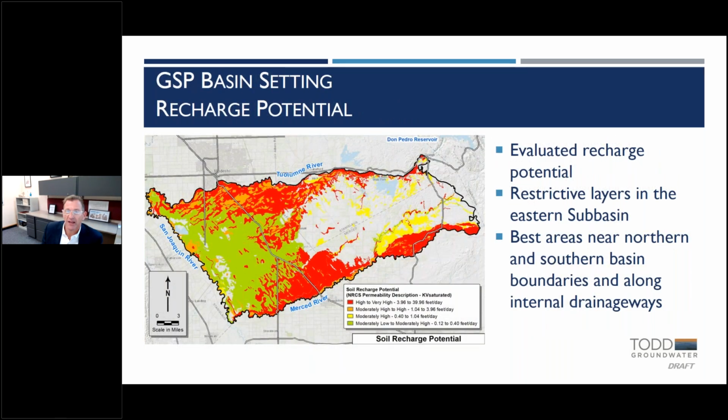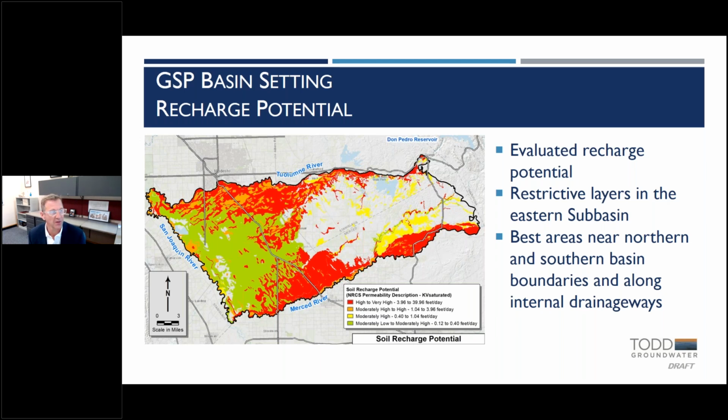The other thing we have to look at is recharge potential. Obviously, one of the opportunities to get more water into the aquifer is to find sources of supply and then recharge that. So it's like putting money back into the bank account. And what we see here, building on that last slide, is that the younger sediments in the west are more apt for recharge projects, and the older rock formations in the east are less suitable for recharge projects.